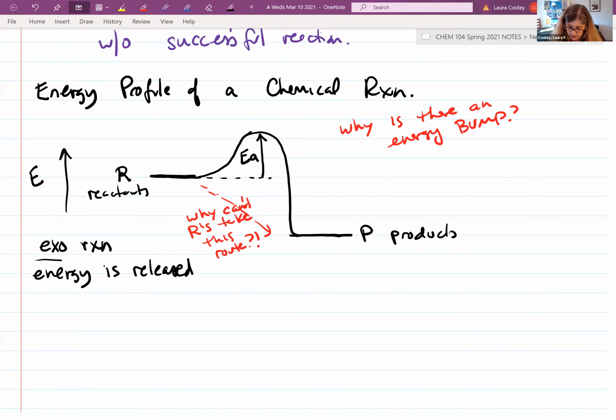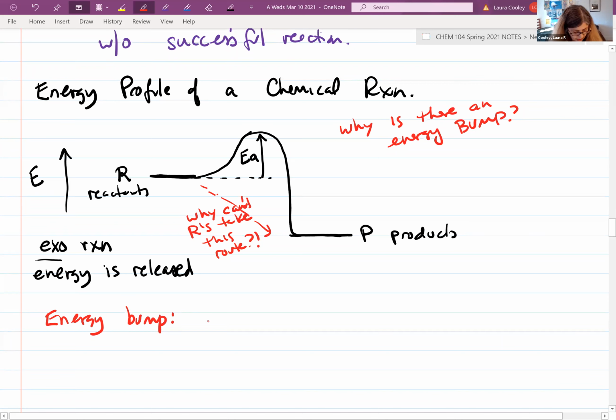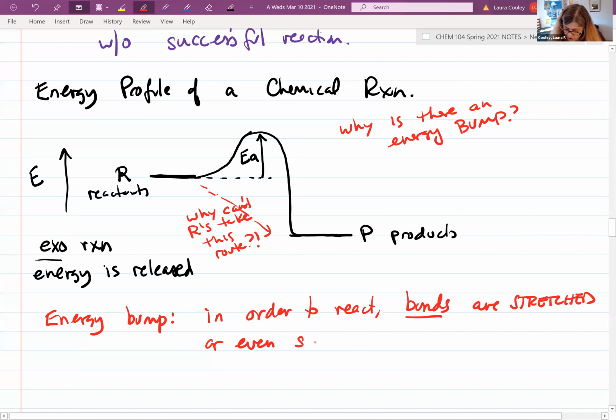So basically, the energy bump is there because in order to react, bonds are stretched or even shrunk. Okay, they are distorted.